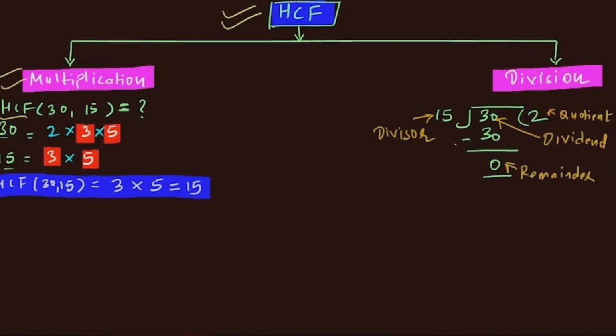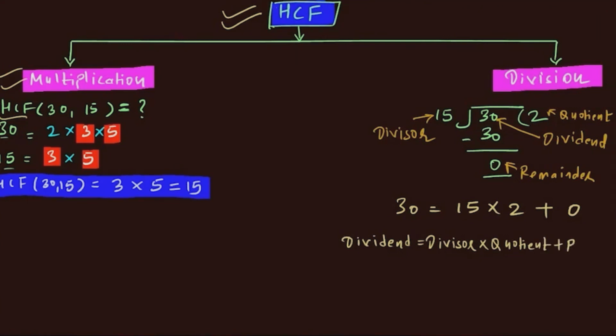And we know that 15 times 2 will give us 30 and hence we can write 30 as 15 into 2 plus the remainder, that is 0, which is the same as to say dividend is equal to divisor into quotient plus remainder. By multiplication we know that the highest common factor of 30 and 15 is 15.